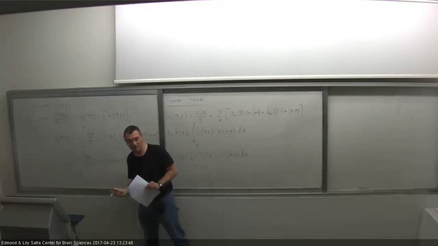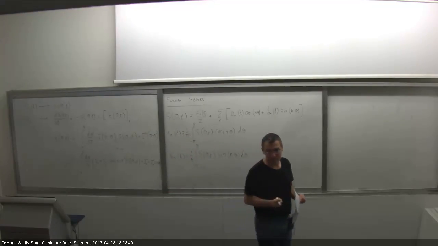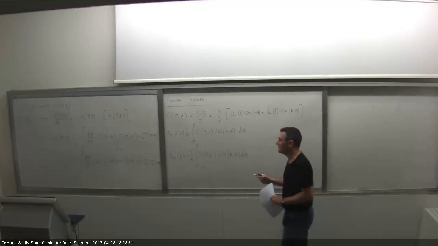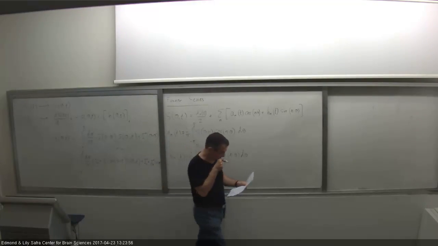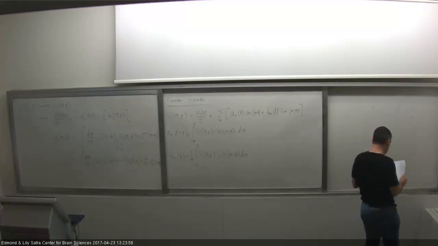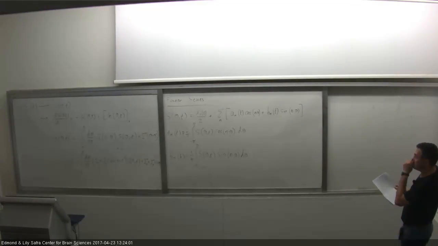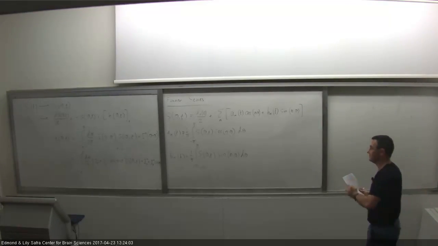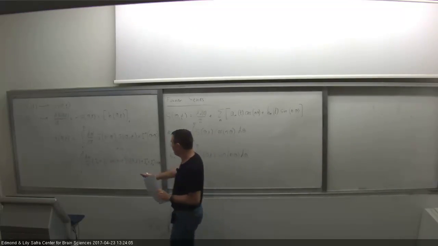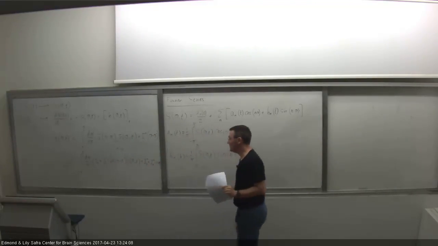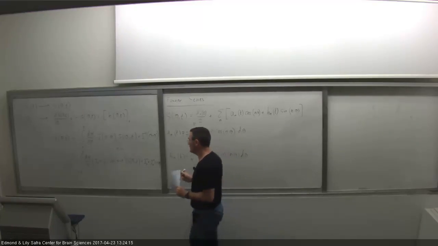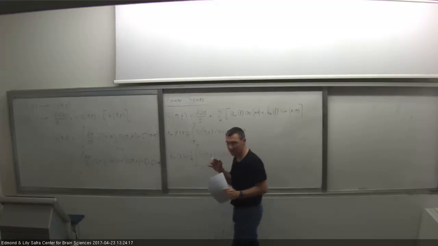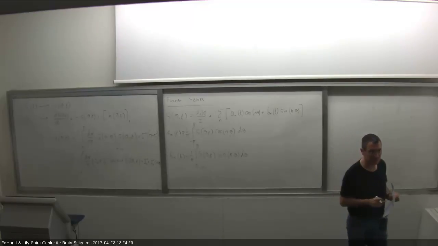All these functions are periodic, so we're looking at the integral from minus pi to pi. Most terms would be equal to 0, and the other terms would be something like cosine squared or terms like that. So let's do it.